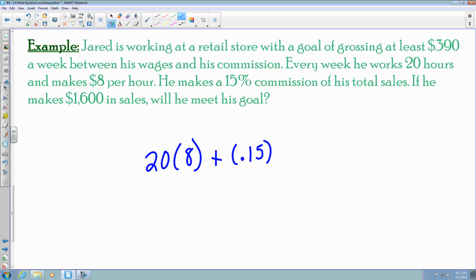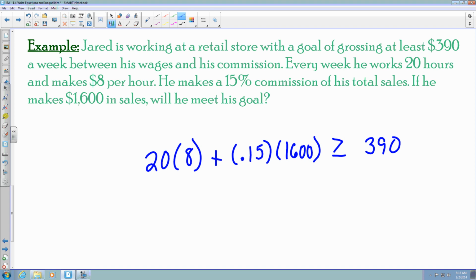And we want to know if he sells $1,600, is he going to be able to make at least 390? Now, at least is part of that inequality. Certainly he can make more than 390, so that means that the alligator has to open up here. But can he make 390? Yes, he can, so that's why the bar has to go there as well.